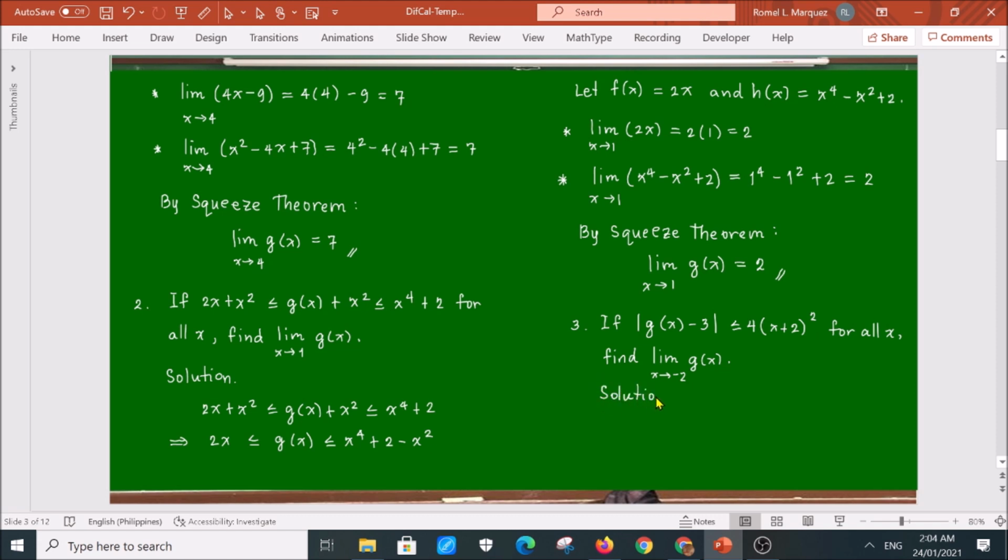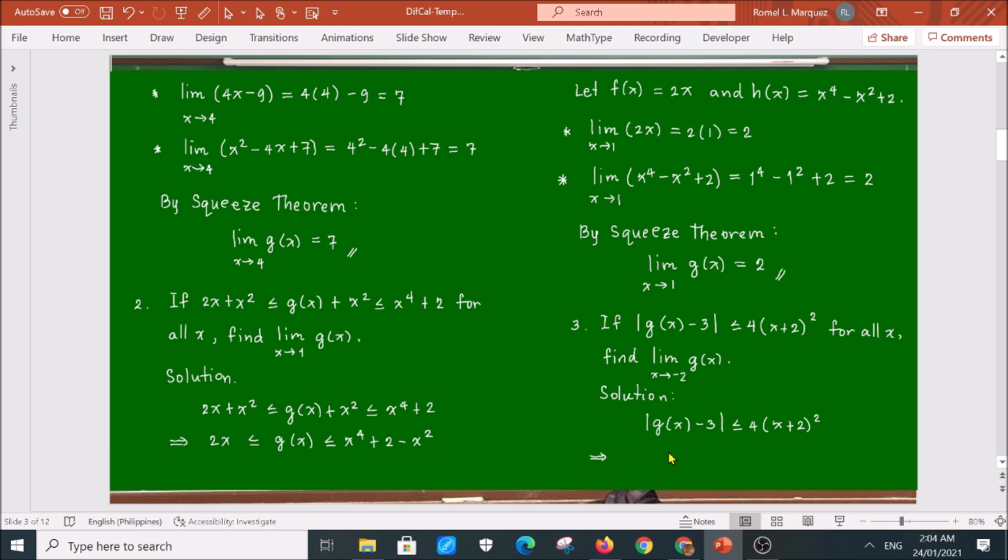Solution. Given the absolute value of g of x minus 3 less than or equal to 4 times (x plus 2) quantity squared.